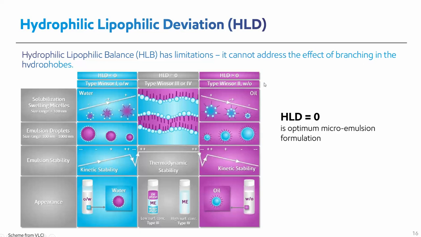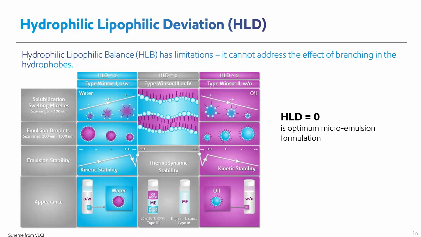Hydrophilic lipophilic balance, HLB, has limitations. It cannot address the effect of branching in the hydrophobes. The HLD is a dimensionless expression of the difference of affinity of the surfactant for the water and the oil phase.